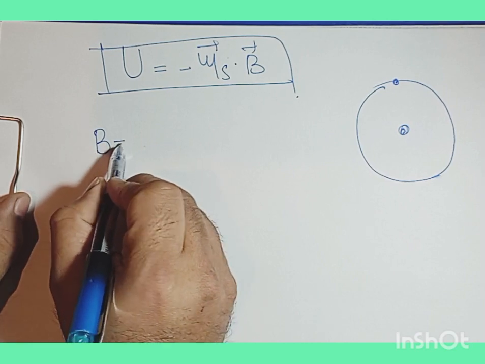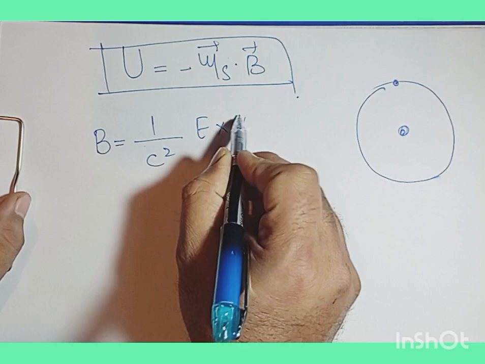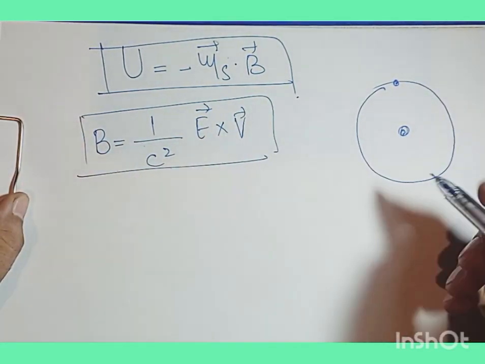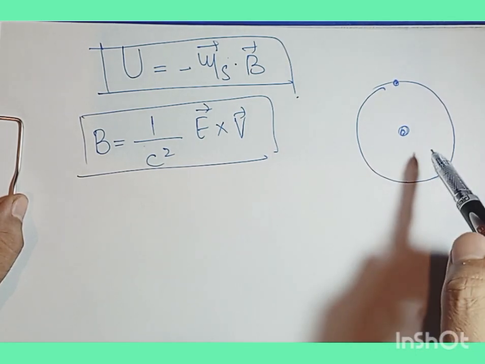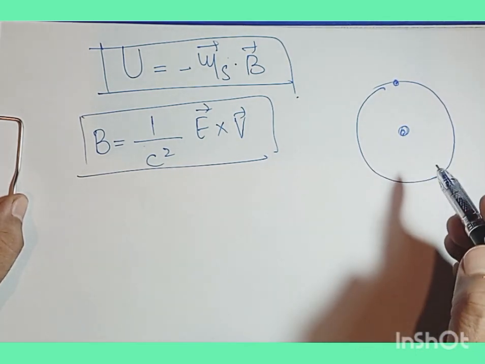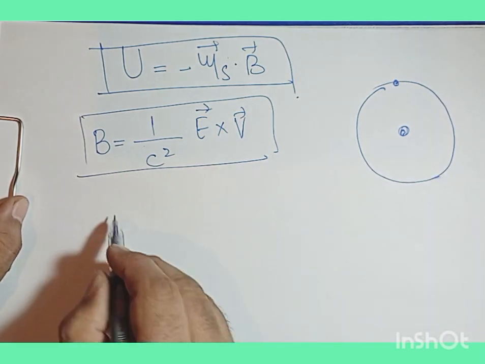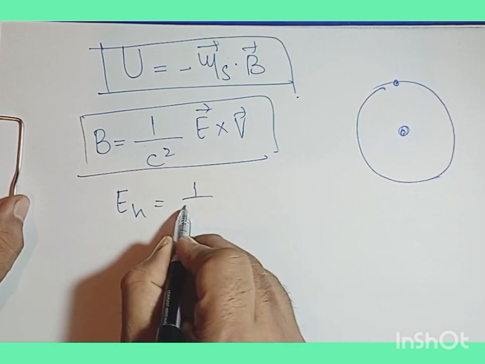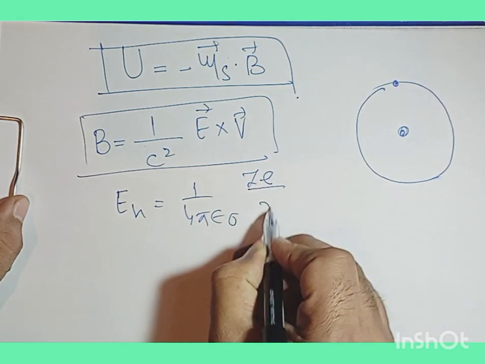I can write the magnetic field as 1 by c square E cross V. Obviously, in this problem the charges are involved, so there certainly is involvement of the electric field. The electric field of the nucleus is going to be 1 by 4 pi epsilon naught ZE by R square.